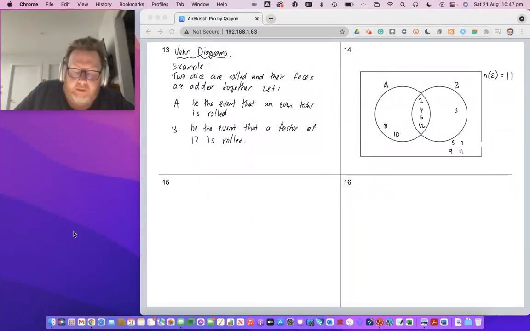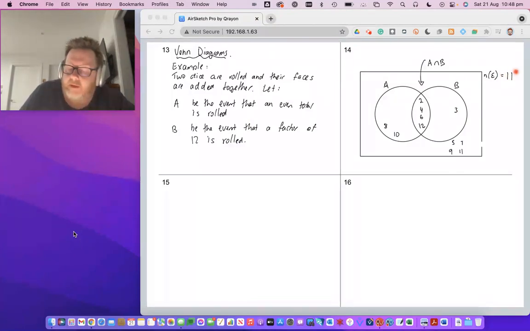So it's effectively A intersect B. And funnily enough, the circles are intersecting. So it kind of makes sense with our language as well. And then 5, 7, 9, and 11 are 4 numbers that are neither even nor are they factors of 12. And if I count them up, 1, 2, 3, 4, 5, 6, 7, 8, 9, 10, 11, there's my 11 outcomes.